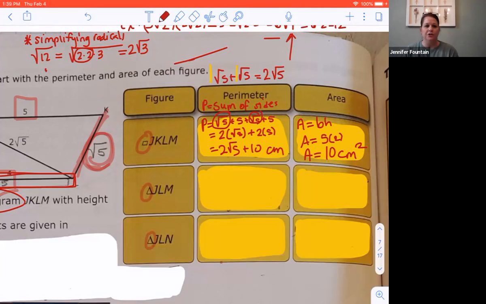Okie doke, let's get ready and come on back and we will finish up the perimeter and area of the triangles included in our figure.